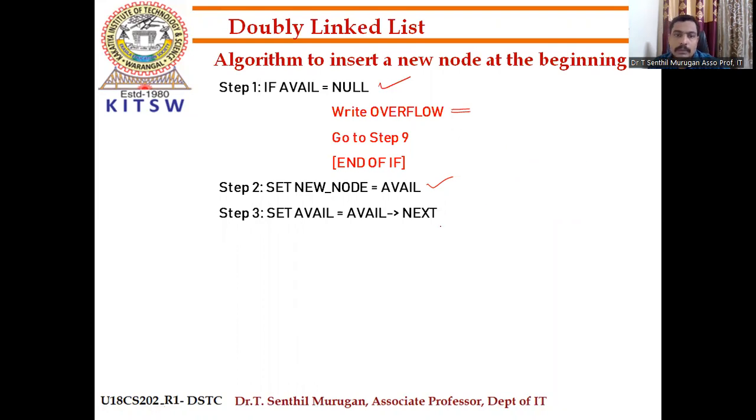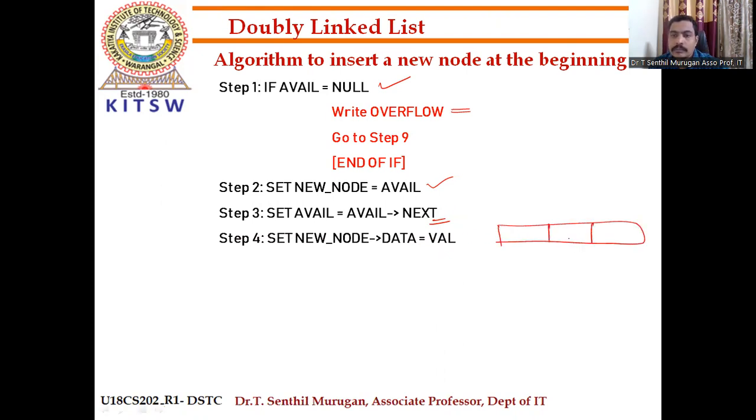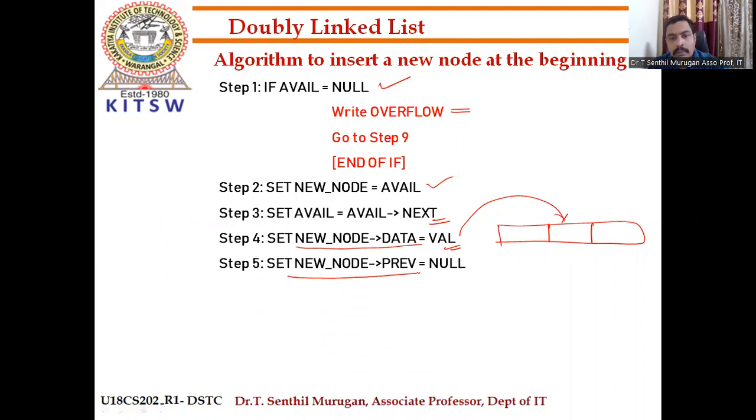So now we are going to consider the node. After creating memory, this part is created. New node of data should be the value, as we already wrote in the previous slide. Whatever value we give will be stored here. Next, new node of previous.